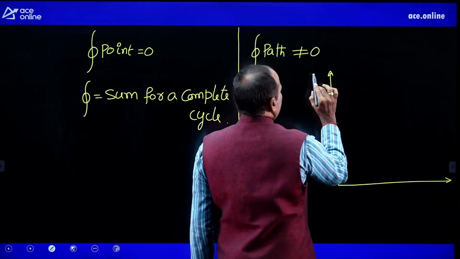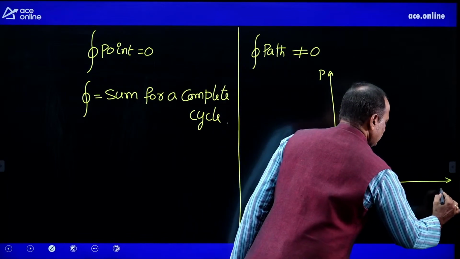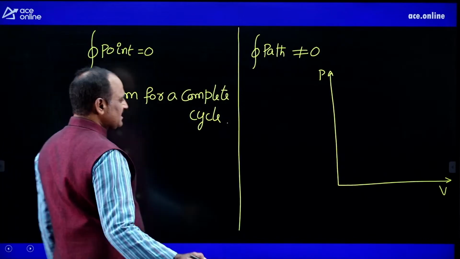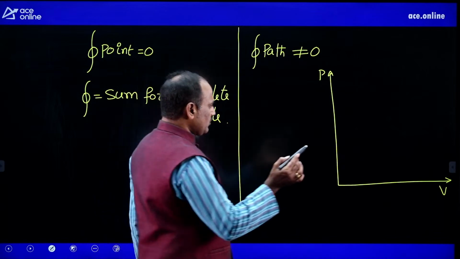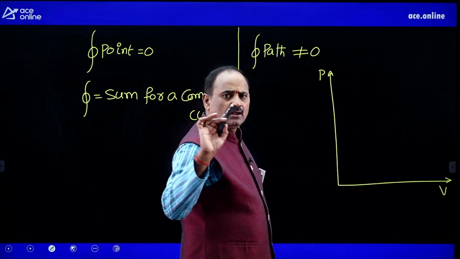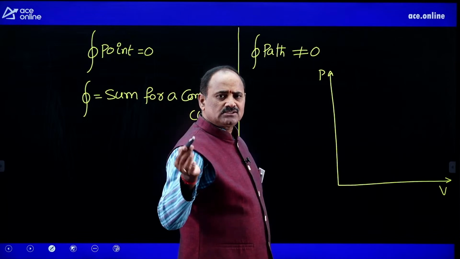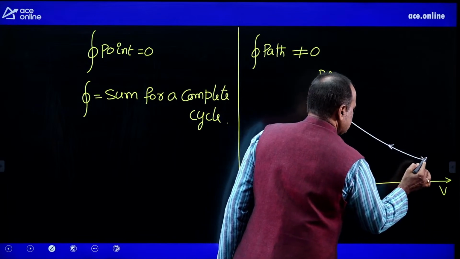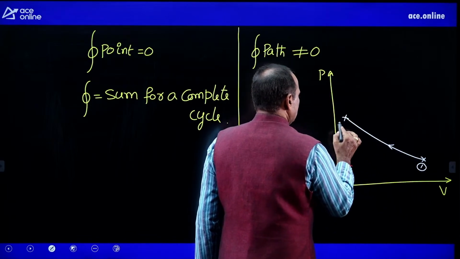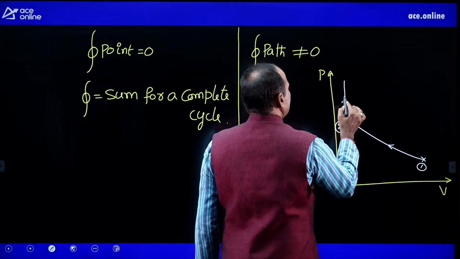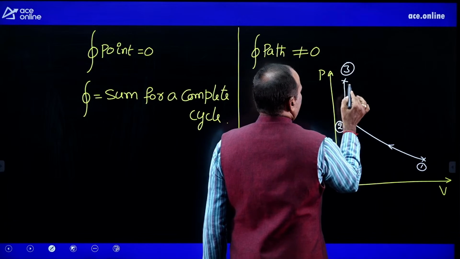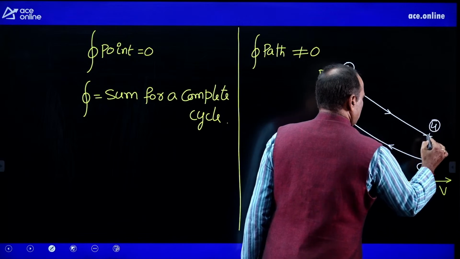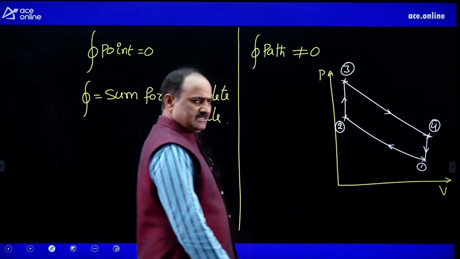As we all know, the Otto cycle consists of 4 processes. 2 are reversible adiabatic type, isentropic processes, and 2 are isochoric processes, also called constant volume processes. So the Otto cycle consists of an isentropic compression, followed by constant volume heat addition, followed by an isentropic expansion process, followed by a constant volume heat rejection process.